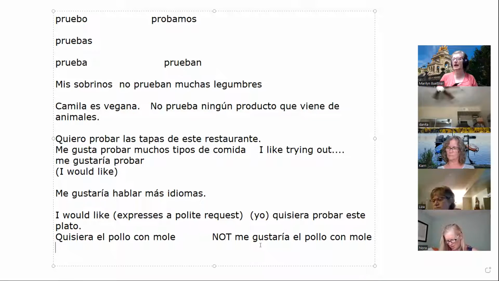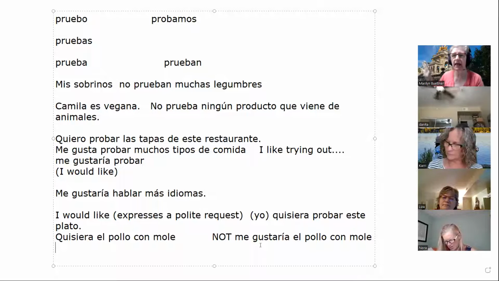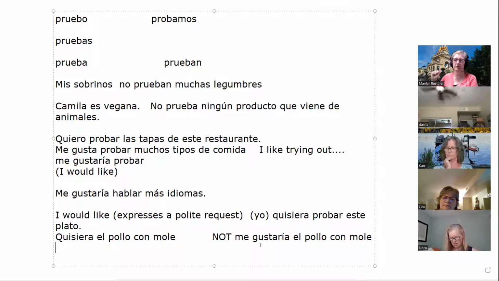Me gustaría pintar las paredes en la casa. I would like to paint the walls inside the house. Me gustaría. I would like to do it. I'm not doing it right now. You're not saying I like painting. I have fun doing it. But I would like to do this.